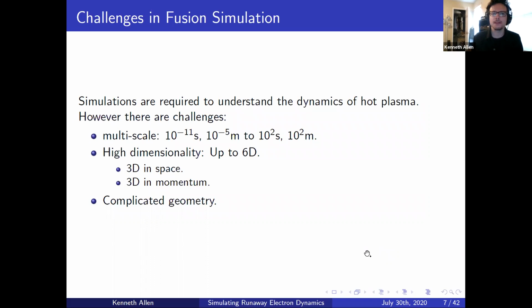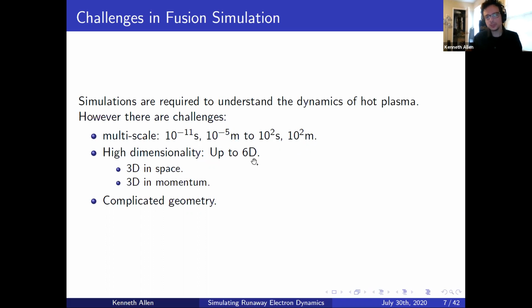What we need to do is run simulations in order to understand how the dynamics of the hot plasma contained in this tokamak device actually behave. There are multiple challenges in simulating this hot plasma. It depends on small features, from time scales of 10 to the negative 11 seconds to 10 to the 2 seconds, and we need to describe details on scales between 10 to the negative 5 meters and 10 squared meters.